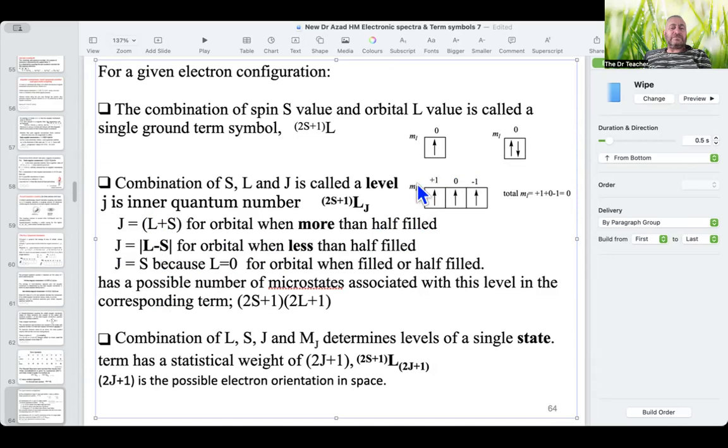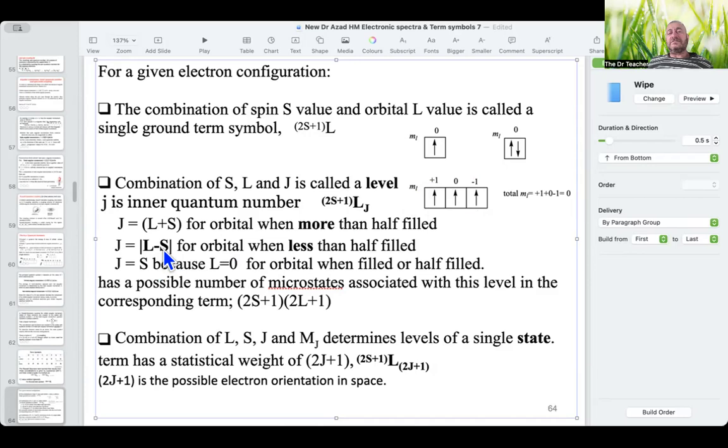So if you count ML, you add +1, 0, -1. What do you end up with? What did we say? L capital is the result of adding all the ML values.